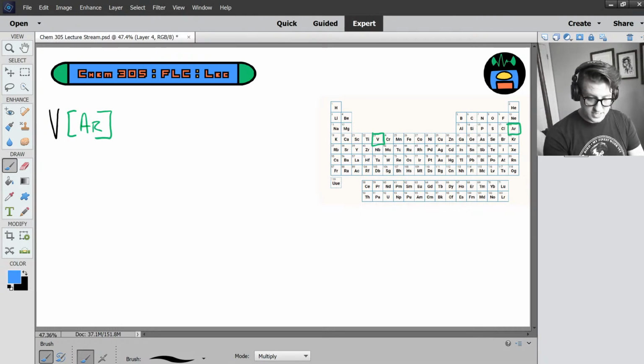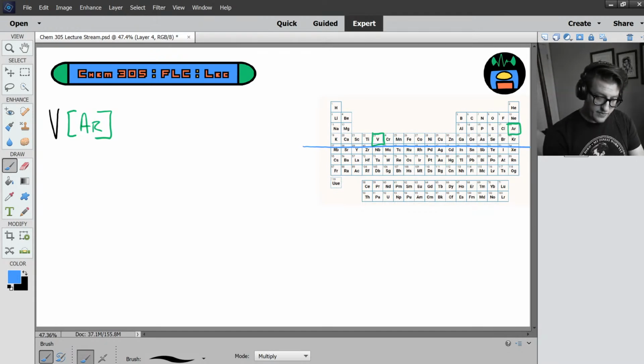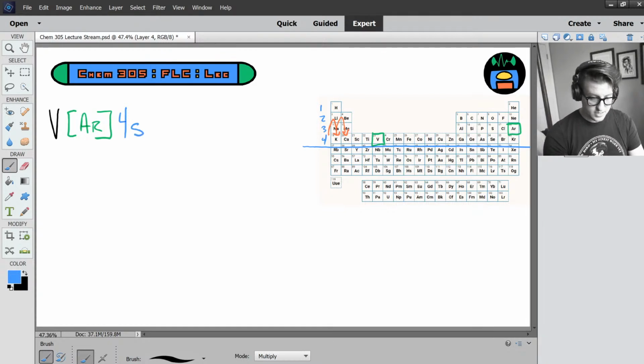We've found its nearest noble gas with fewer electrons. Now vanadium is 1, 2, 3, 4 down on the 4th period. All right, so we need to count our way over. We're going to go 1, 2. All right, so vanadium will have a full S subshell. We go 4s2. Now this is where you need to keep your wits about you.